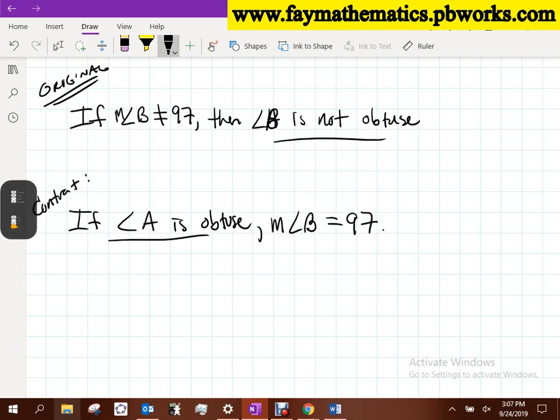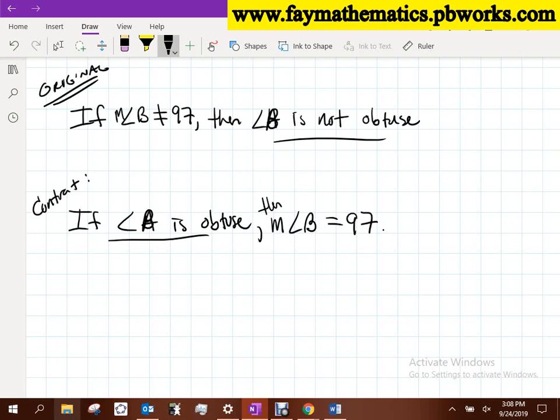Make them all B's, sorry. I struggle answering the original or organizing that in my mind and visualizing that. But if I write the contrapositive, if angle B is obtuse, then the measure of angle B equals 97. Is that a true or false statement?